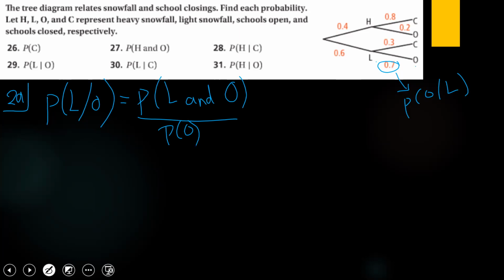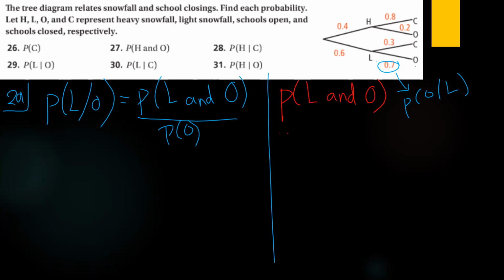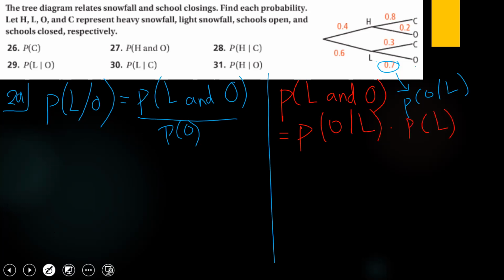I need to find both the probability of L and O, and the probability of O. Let's find first the probability of L and O. As I told you, it is the probability of O given L times the probability of L, using the formula of the conditional probability.